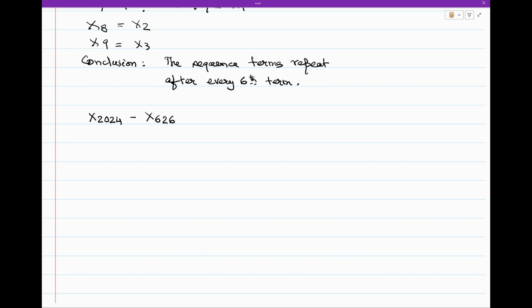Let us see what will be the term x2024. We know that 2024, if you divide 2024 by 6, we get 337 plus 2 remainder.